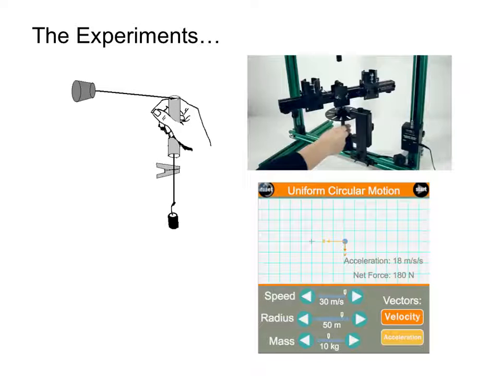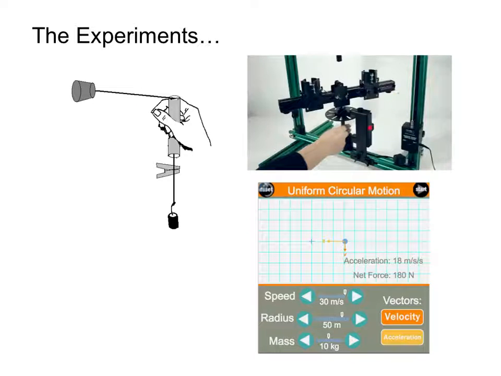Alright, so today we're going to be talking about the Uniform Circular Motion Post Lab. Over the years, I've done various experiments and labs for this. Previously, I've done the rubber stopper with a tube, a string tied through a tube and attached to a rubber stopper. This, unfortunately, doesn't yield great data.